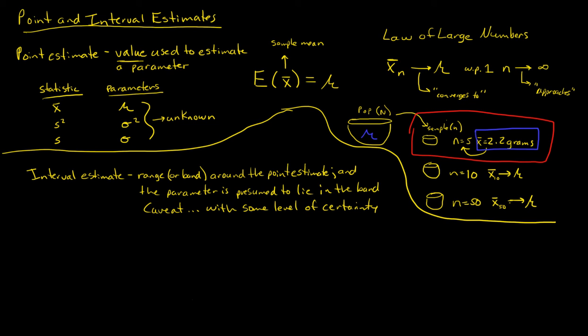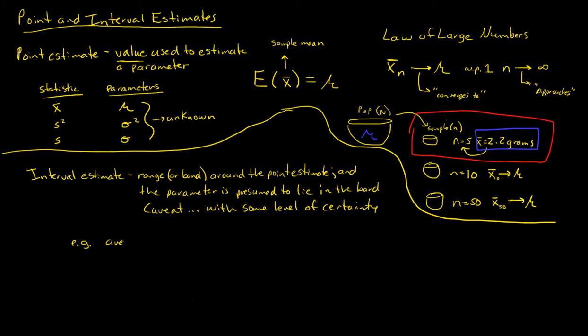But it is reasonable to assume that one of the values that mu could actually be is 2.2 grams. But it could also take on some other values, and we can put an interval or a band around that point estimate. So for example, let's draw this example out.